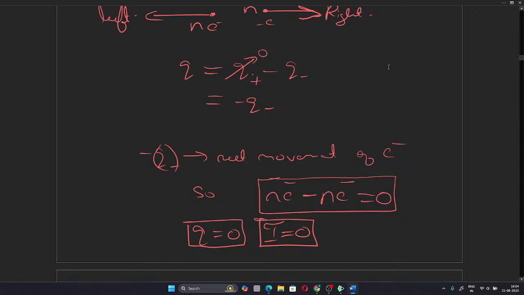This is when there is no electric field applied and the electrons are moving solely due to thermal energy. And the second scenario comes if the charges are under an electric field.